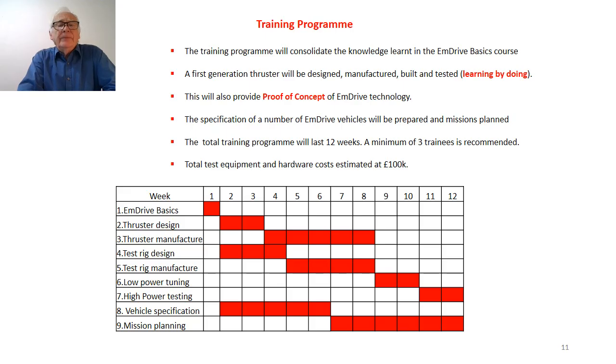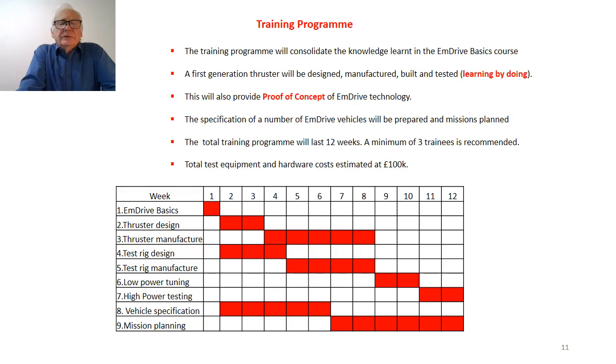The course training program should also include the specification and mission planning for a number of EmDrive vehicles. This again is an attempt to provide the reasoning behind why significant investment should be made in a subsequent development program.